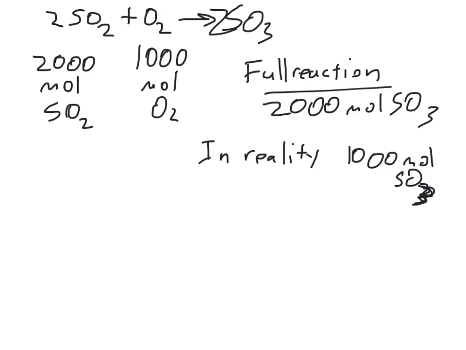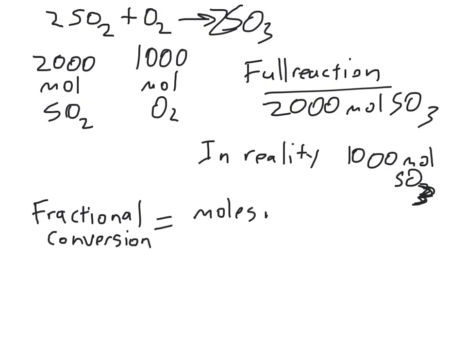And this is called a fractional conversion. It's not full conversion. Full conversion would be 100% of all reactants forming the products. We can quantify this using a numerical formula. Fractional conversion is equal to moles reacted over moles fed.